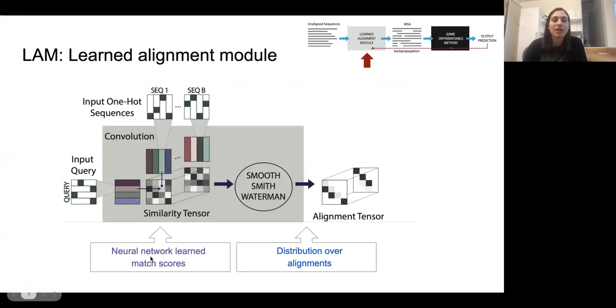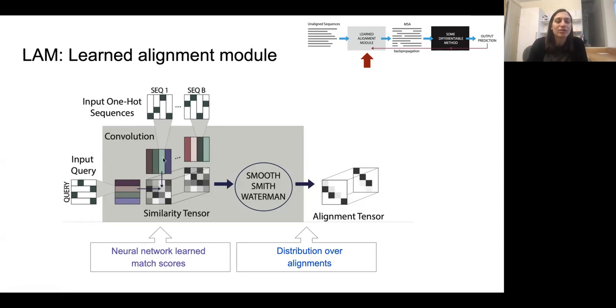So the function I was telling you about that will map from sequences to one vector per position is a convolution. So we're going to one-hot encode each sequence in our group of sequences that we want to align. And like I said before, one of them is going to be called the query, and we're going to align each sequence to the query. So they're all one-hot encoded, and then we apply the same convolution to each sequence.